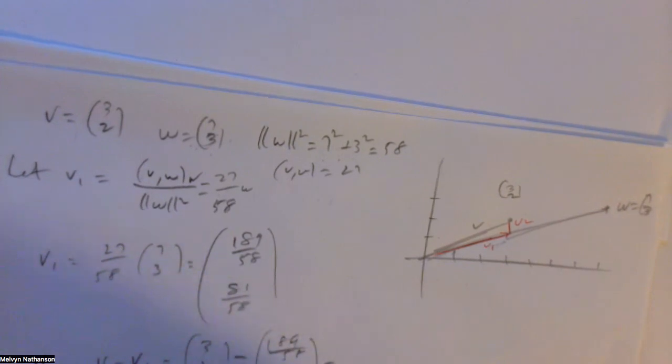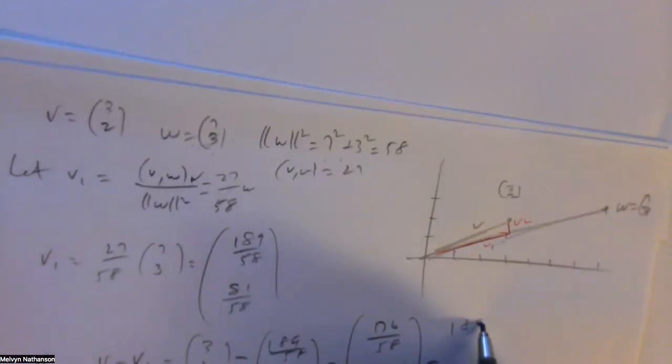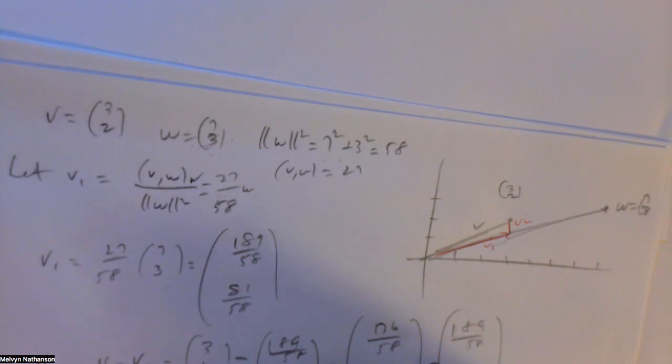If I put everything over a common denominator of 58, 3 times 58 is 174 over 58, 2 times 58 is 116 over 58. Minus 189 over 58, 81 over 58.